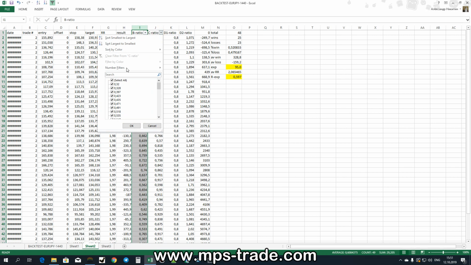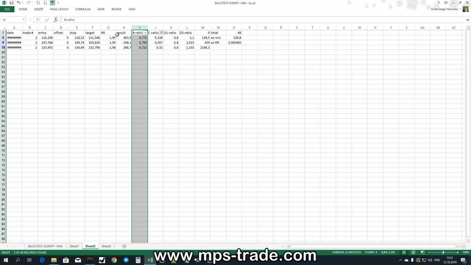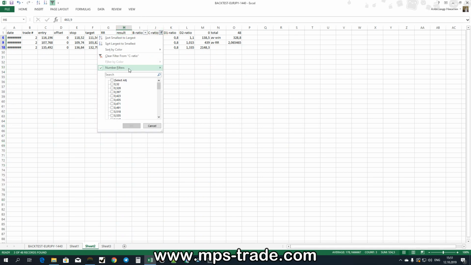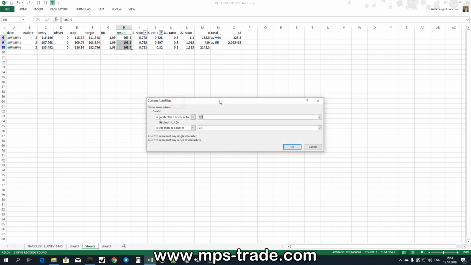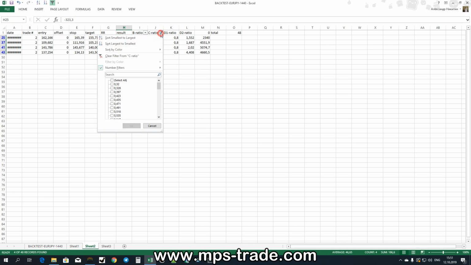Again we go to this between. We start from 0.3 to 0.4. Okay, results positive. We can do that mechanically, of course. I can calculate a specific formula, and this one is positive.